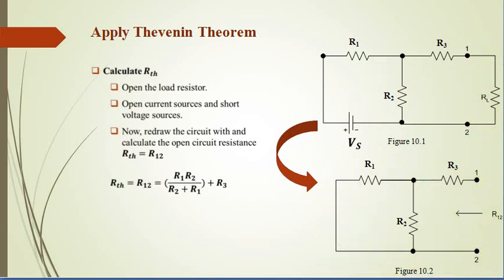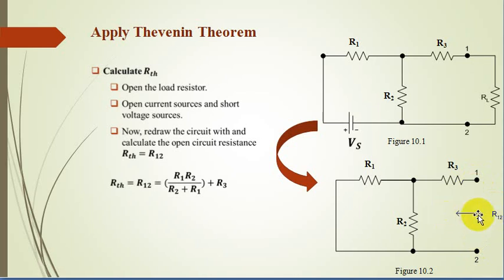While considering this circuit, you should calculate the R Thevenin seeing from here, because these are the particular pair of points, 1 and 2, where you are going to calculate your voltages and currents. That's why it's called the resistance of the pair 1 and 2, the R Thevenin.